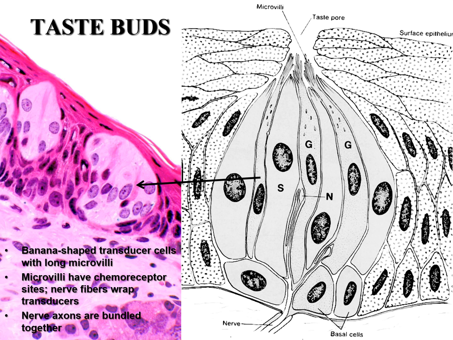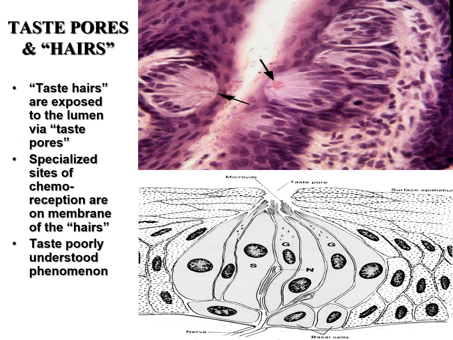We have the microvilli, and at the distal end here we have the axons of the nerves. These microvilli, sometimes called taste hairs, have to absorb the chemical stimuli to be transformed into neural stimuli.